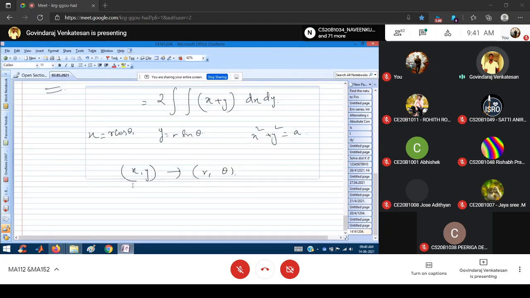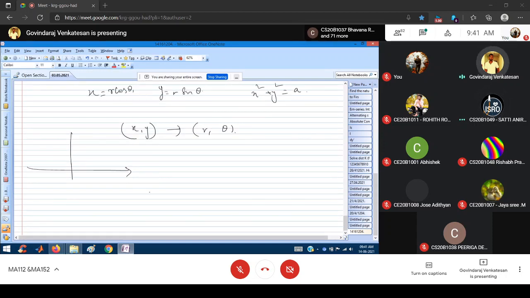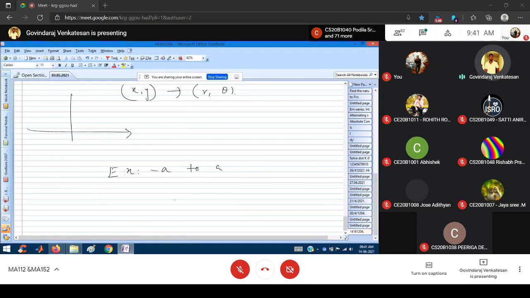Sir, can't we take limits as minus a to a in x and in y 0 to square root of a square minus x square? Yes, we can take. That is why the strip is moving from the left to right. That defines minus a to plus a. So this defines the x limit. So the y limits are from 0 to, what is the value of y? y is plus square root of a square minus x square.